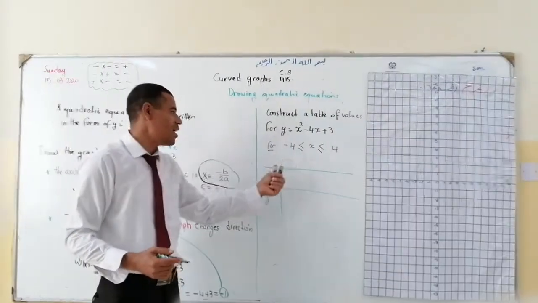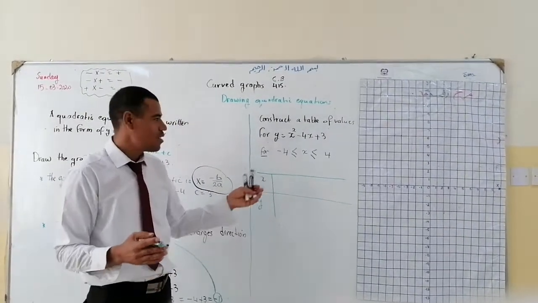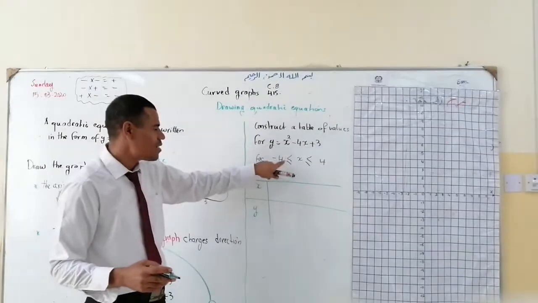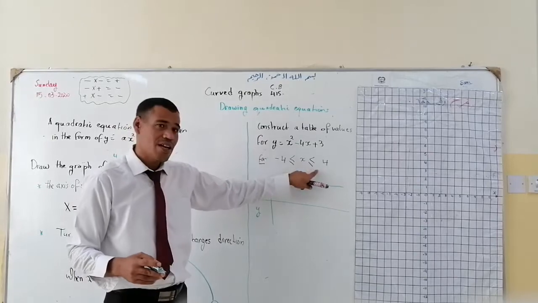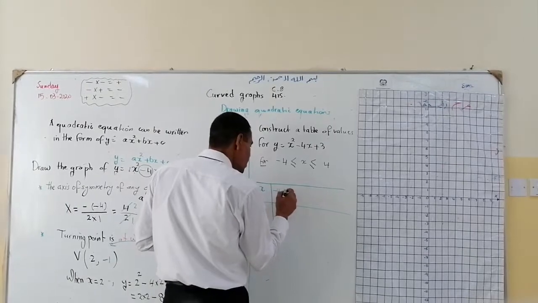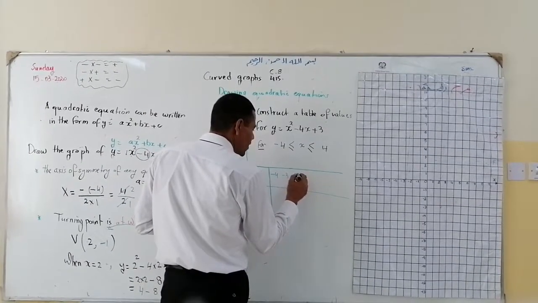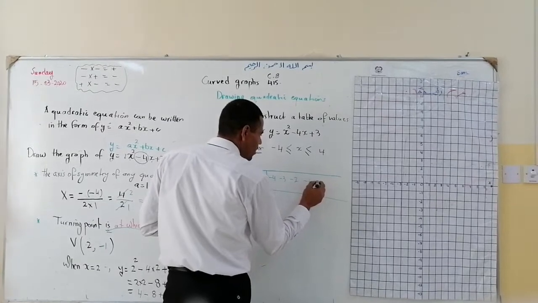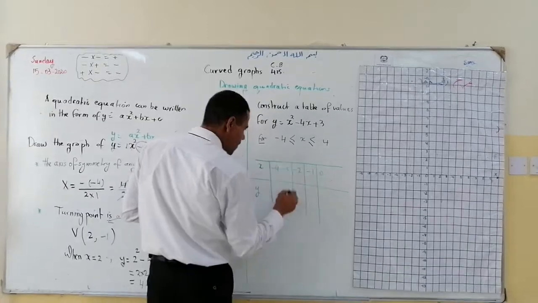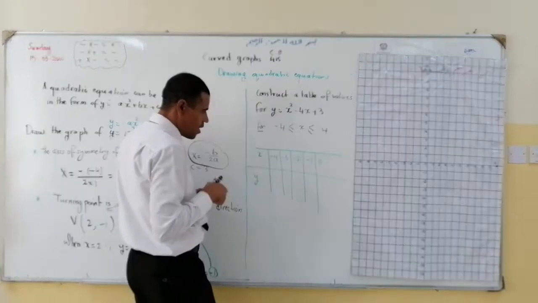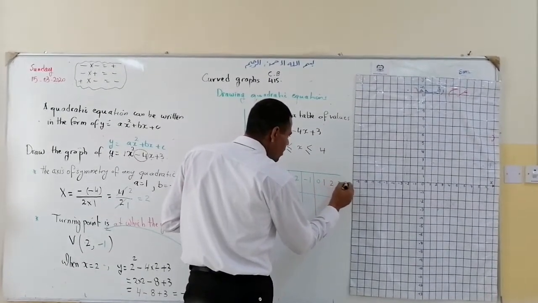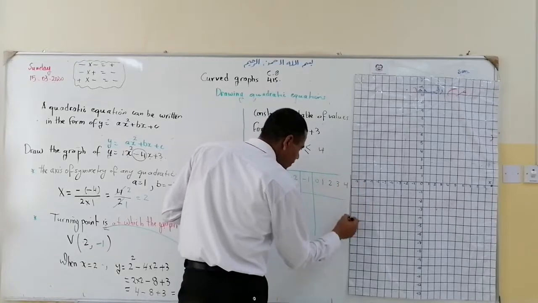I cannot make x equal negative 5, because the question said x should be greater than or equal to negative 4 and less than or equal to 4. Okay, so this is negative 4, negative 3, negative 2, negative 1, and 0, and here 1, 2, 3, and 4.